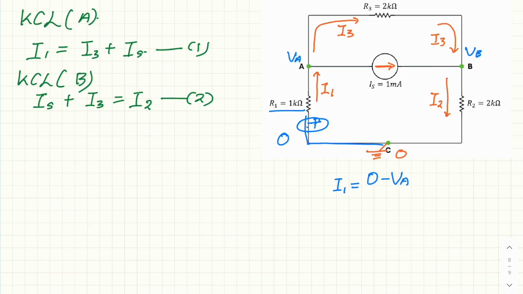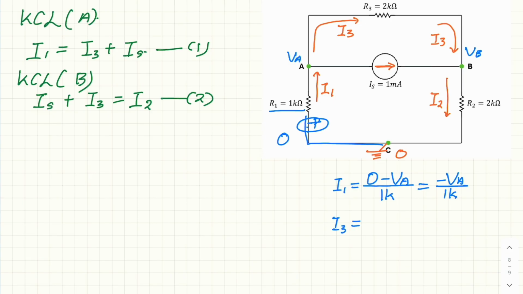Remember, potential can be negative. So we just know A, the potential at A must be less than the potential at C. So 0 minus VA over 1K, or we just put minus VA over 1K.